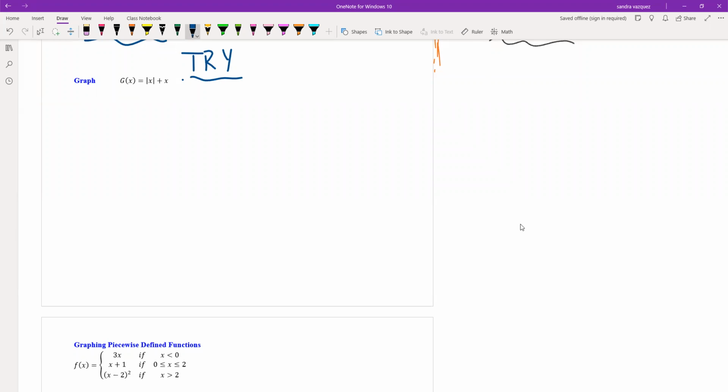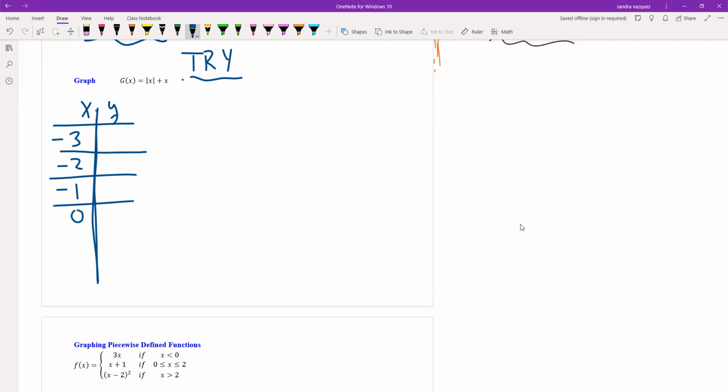Okay, so I'm gonna start by just giving you a T table of values. And we're gonna start maybe with -3 and -2, -1, 0, 1, 2, and 3. Okay. Go ahead and do the graph. So you evaluate. Go ahead and do the graph on your paper.